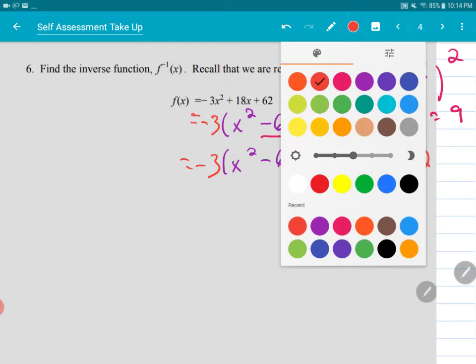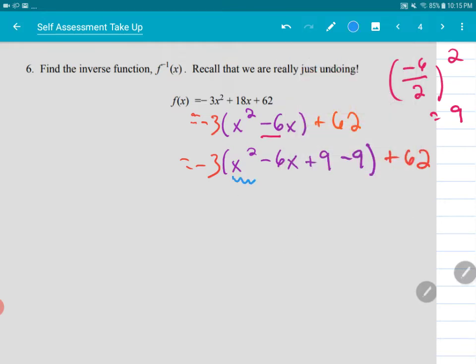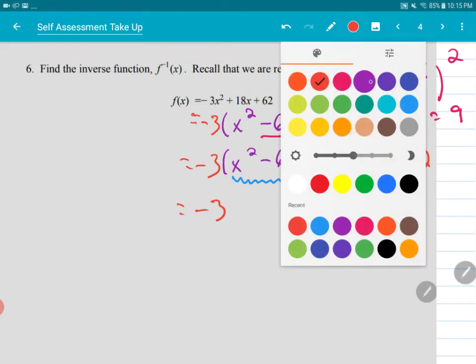The next step in completing the square is that we can do 2 steps in one if you'd like, but we're going to perfect square trinomial factor the first 3 terms here in the brackets. And when we do that, we end up with negative 3, and I'm going to keep that in a large square bracket.